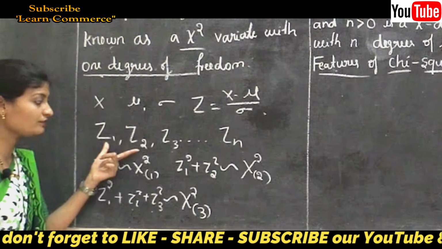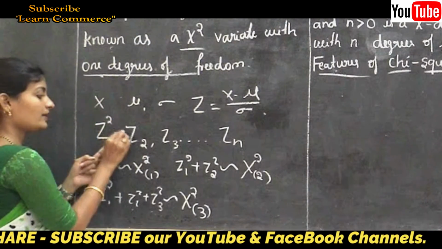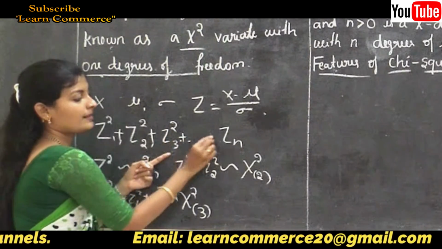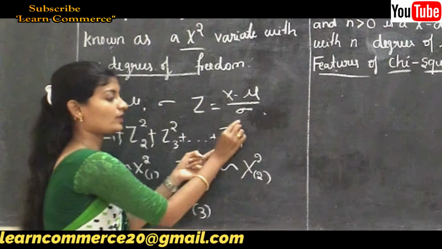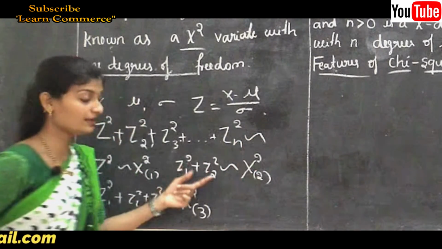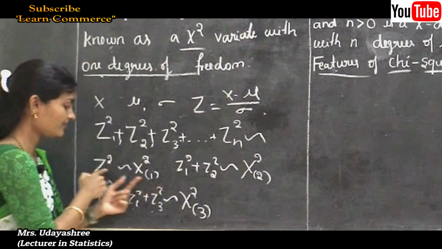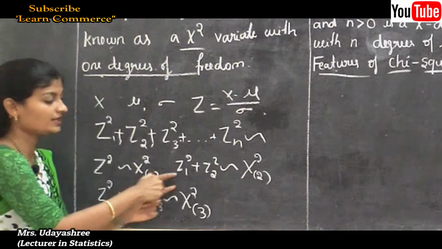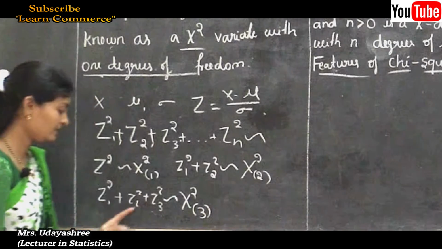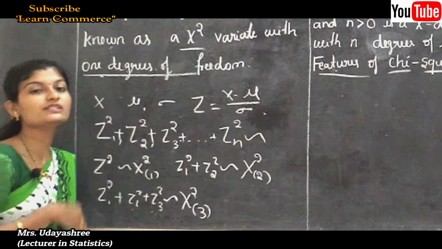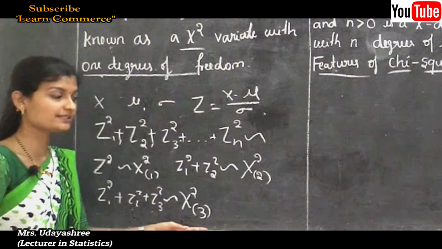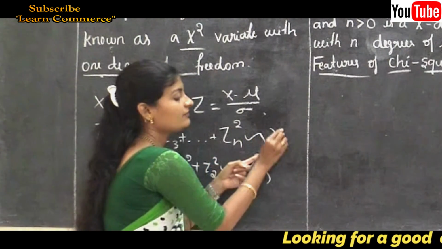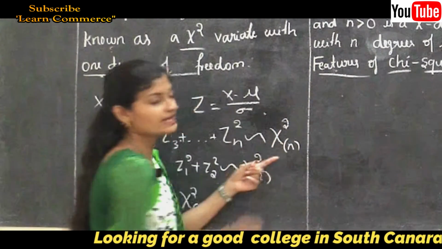If I take the square, that is z1 square plus z2 square plus z3 square and so on plus zn square, now it follows chi-square with 1 degree of freedom if it is 1, 2 degrees of freedom if it is 2, 3 degrees if 3, chi-square with 4 degrees of freedom if 4. Here n number of observations are there, then we can write chi-square with n degrees of freedom.